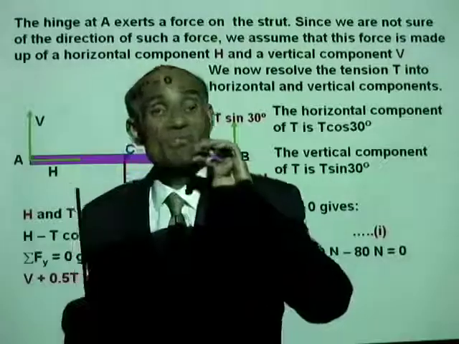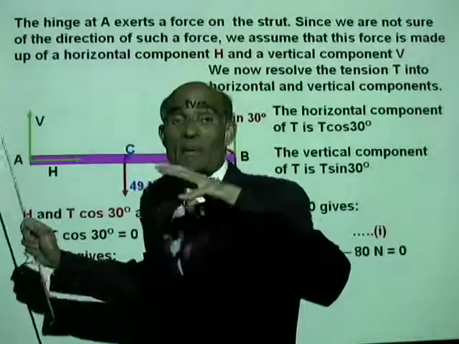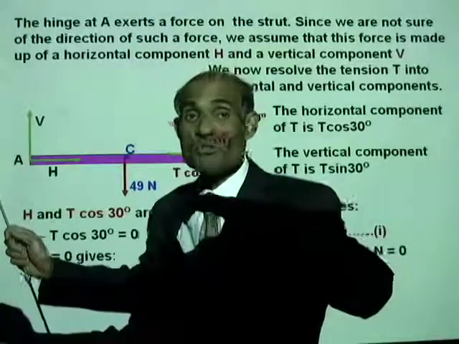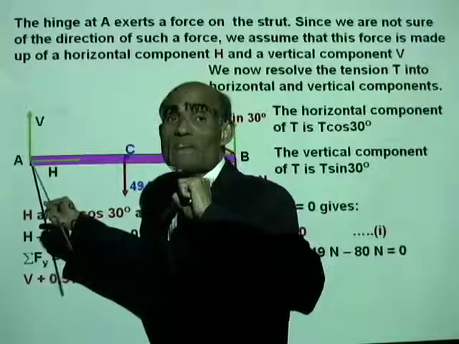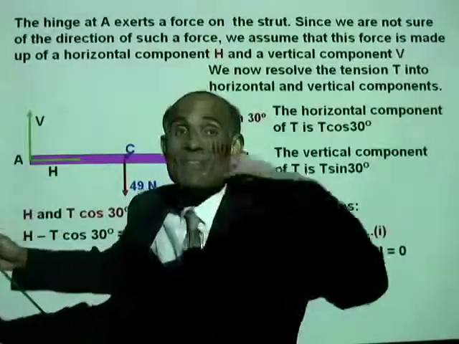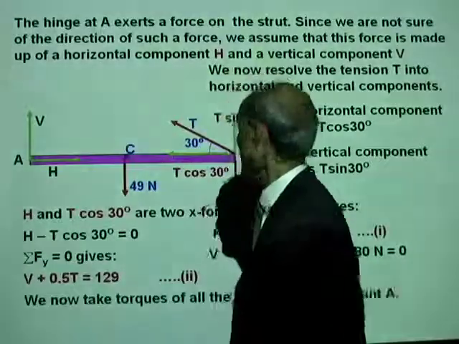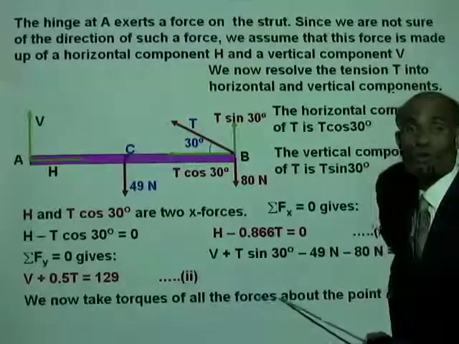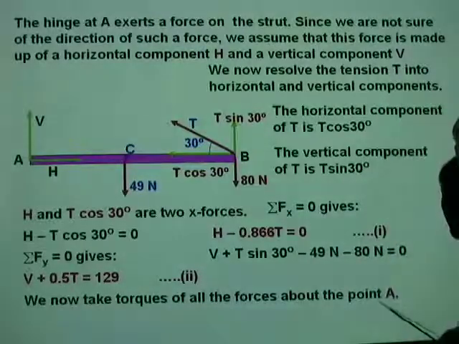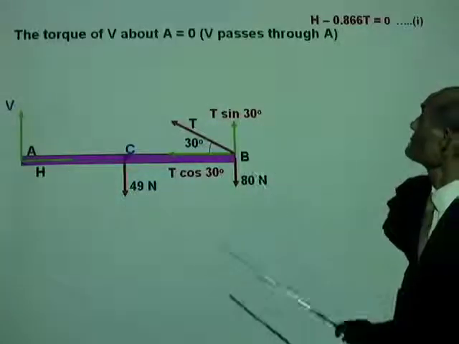We have 3 forces passing through A, and because the torque produced by each of these forces about an axis through A is 0, we will eliminate that from our equation. You see, that is a neat strategy. Alright, we now take torques of all the forces about the point A. You know why I chose point A. Alright, let's write down that.